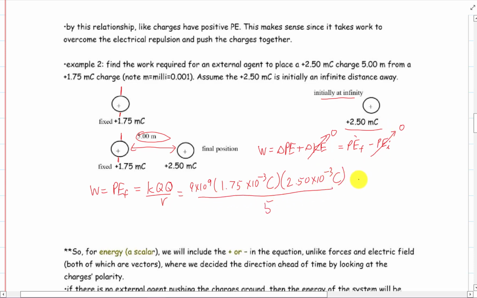And Mr. Calculator, when you plug that in, comes up to be 7.875 times 10 to the 3rd joules. Positive, because they don't want to go there, you have to push it.